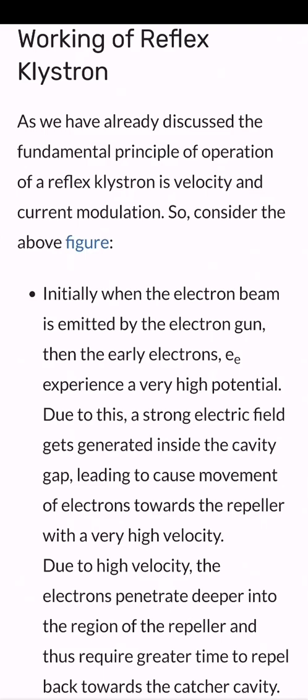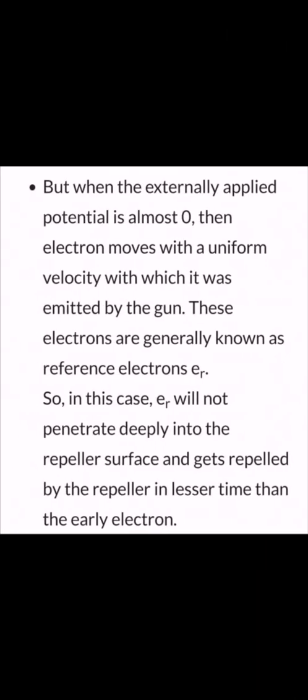And due to high velocity, the electron penetrates deeper into the region of the repeller and thus requires greater time to repel back toward the catcher cavity. But when the externally applied potential is almost zero, then the electron moves with the uniform velocity with which it was emitted by the gun.